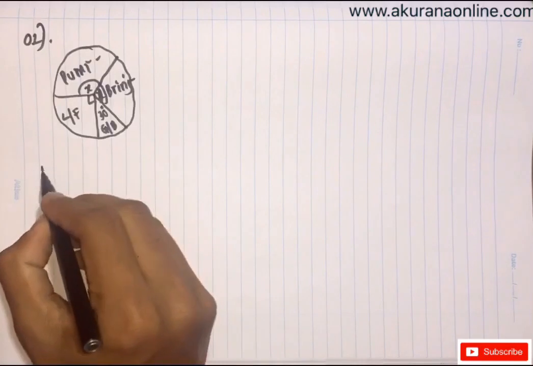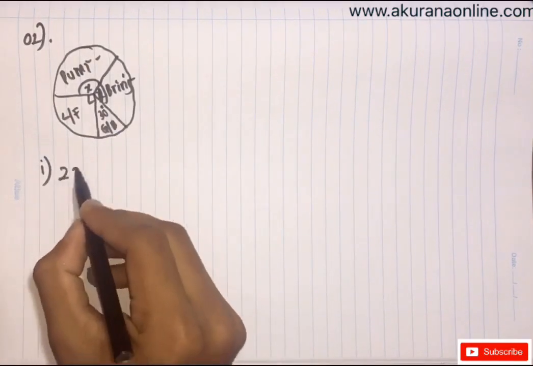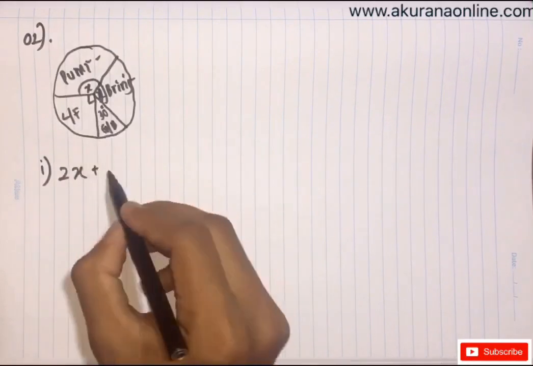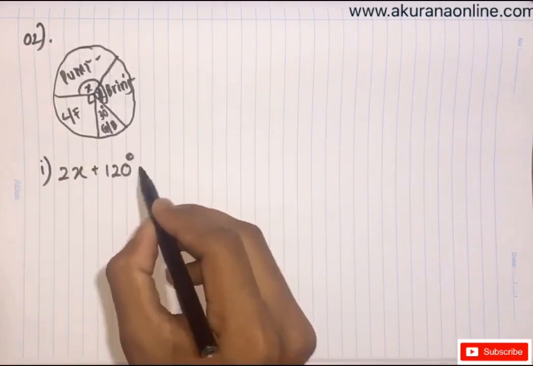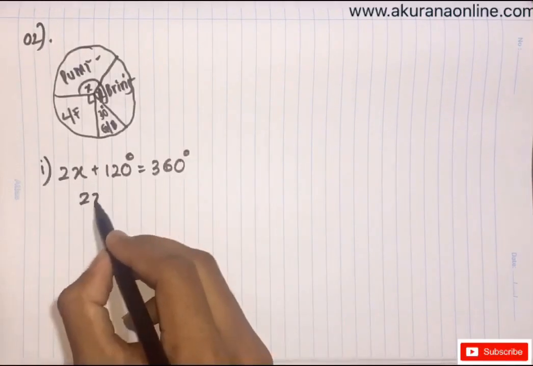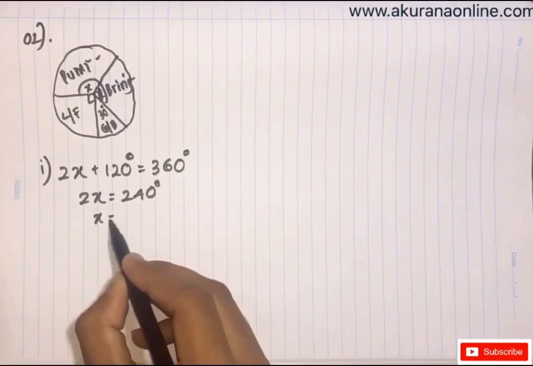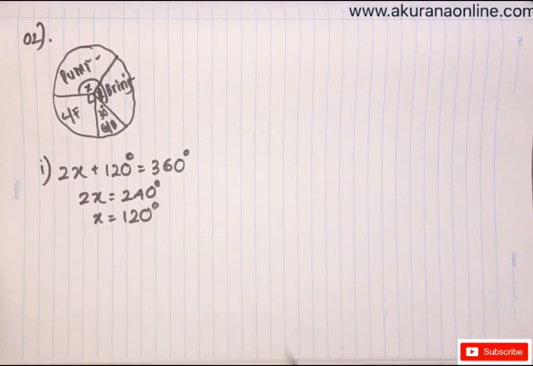Roman number 1, you have to find how much is that X. Therefore 2x plus 90 plus 30 is equal to 120. Total is equal to 360 degrees. Therefore 2x is equal to 240. X is equal to 120 degrees. And then with that, the number of farmers who selected green beans is equal to 15 farmers.